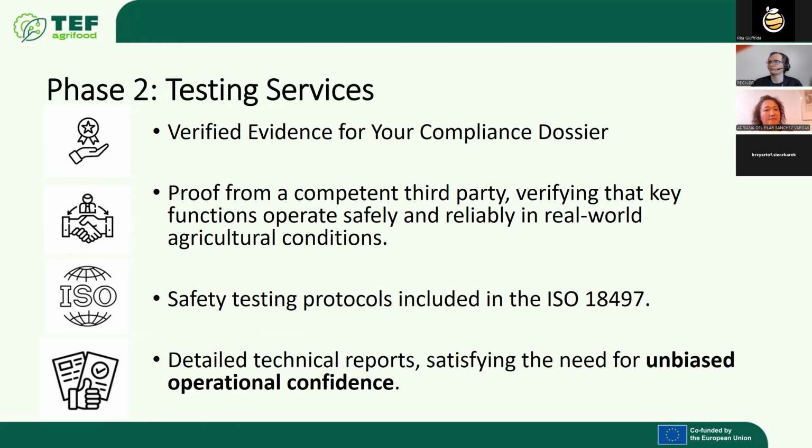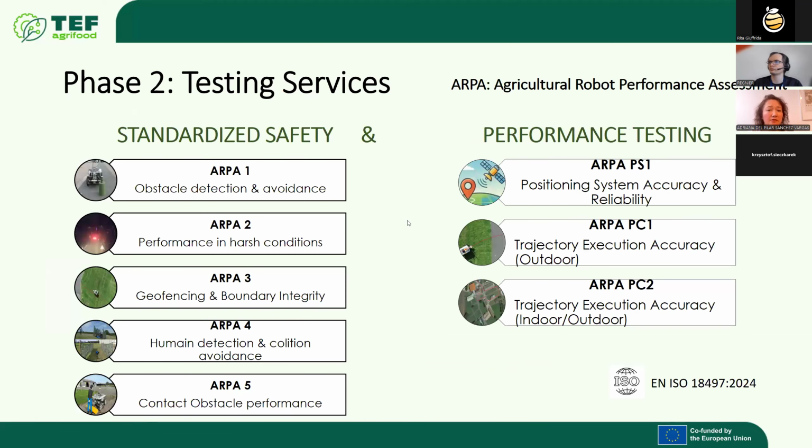For the technical services, we have the ARPA test, better known as agricultural rover performance assessment. We have a safety standardized test and, on the other hand, a performance test.